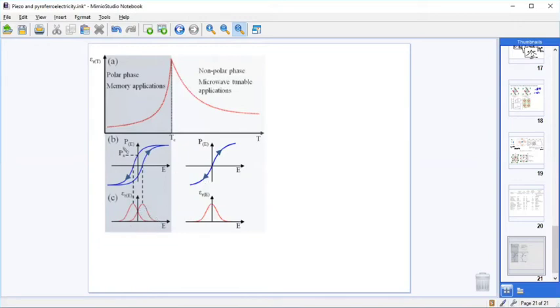So this part is for ferroelectricity, and beyond Tc, there is a linear dependence of P versus E, where the paraelectric phase is portrayed, and up to a certain limit, P is proportional to E, and that's why these materials are called linear dielectrics.